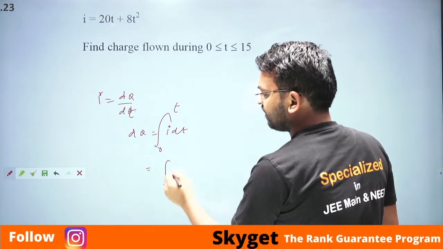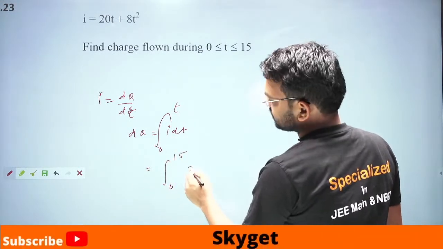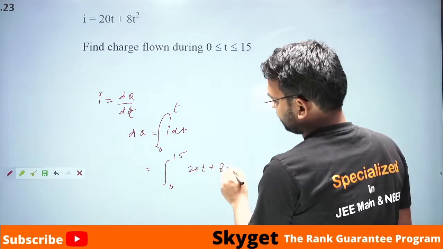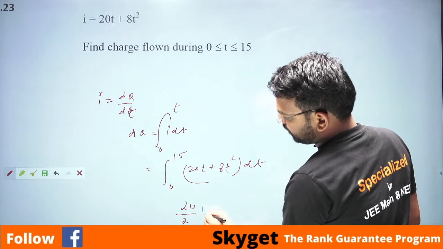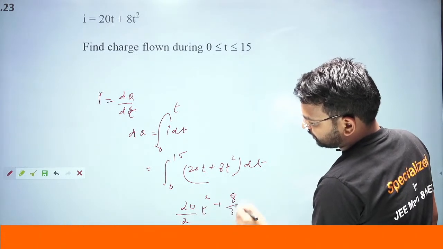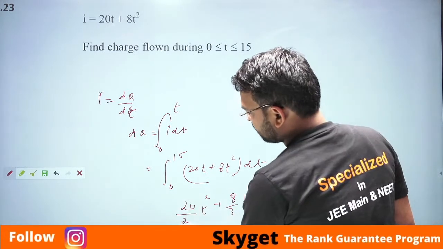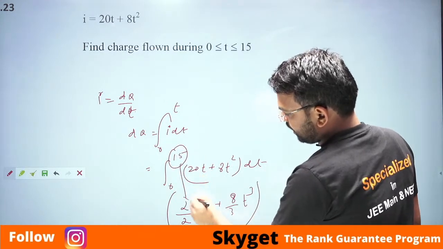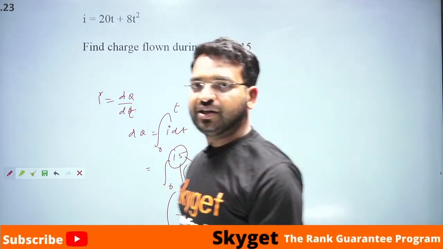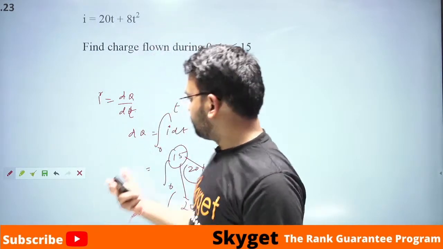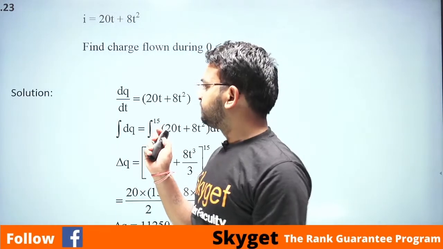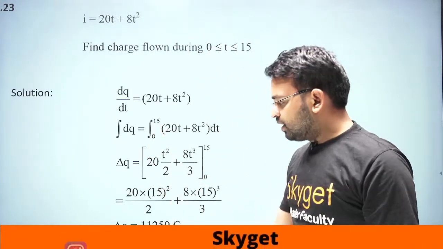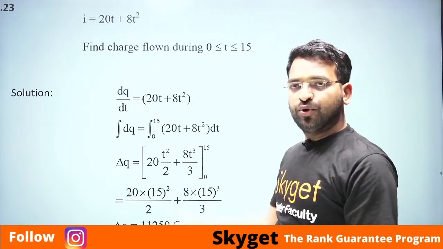Over here they have given 0 to 15, and I is given as 20t plus 8t square times dt. You integrate this: 20 by 2 t square plus 8 by 3 t cube. That is going to be the relation. You place the value of 15 over here and you will get your answer. Simple thing, this is what you have to do. So your answer has to be 11250 coulomb. This much charge you have to get.